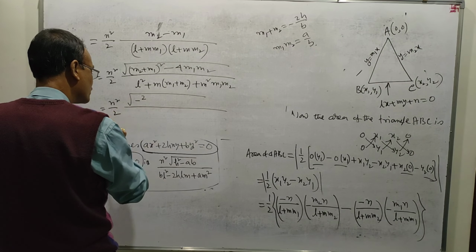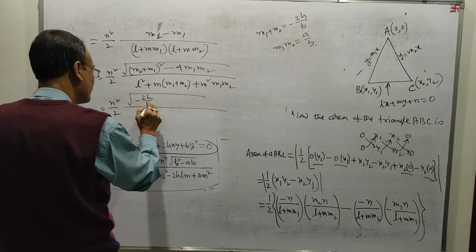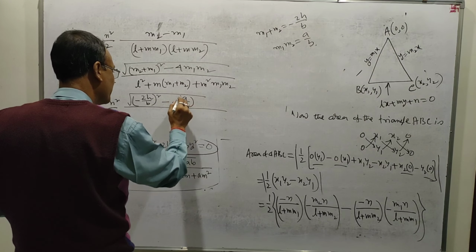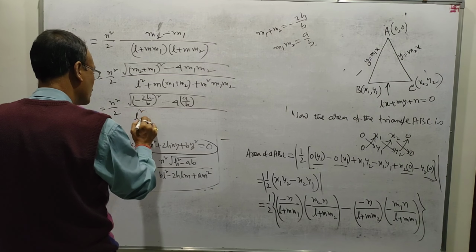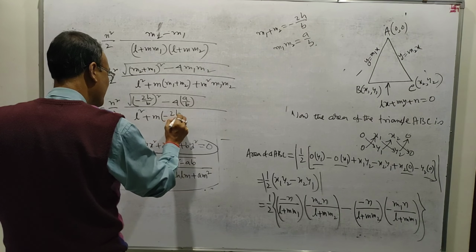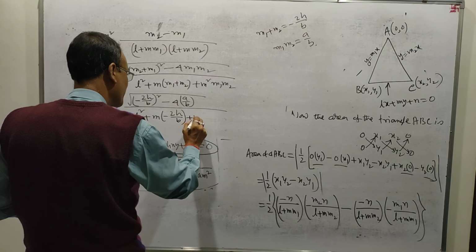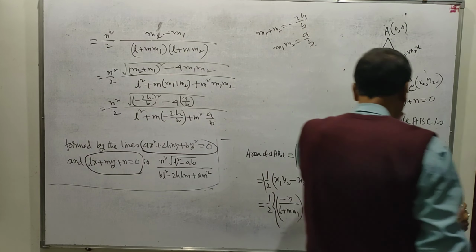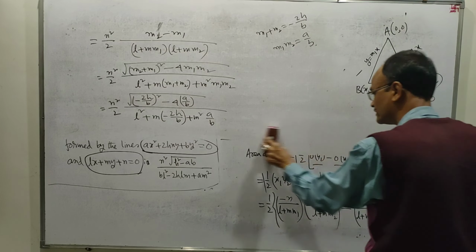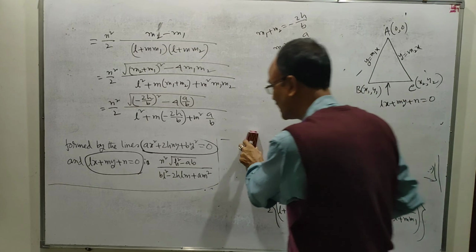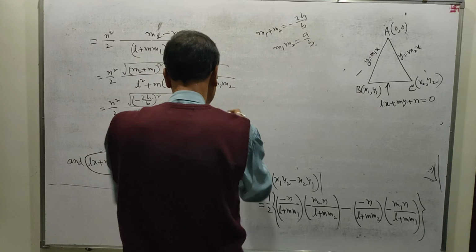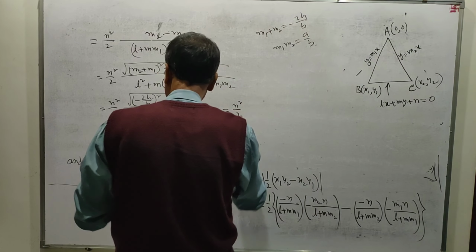It should be (minus twice h by b) whole square minus 4 a by b, over L square plus L m (minus twice h by b) plus m square a by b.